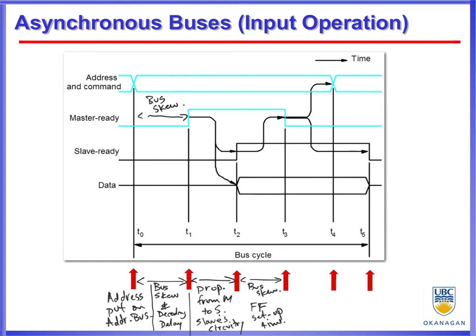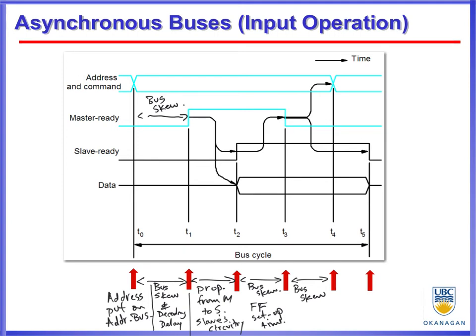Okay, so again, a cause and effect. So we've got a little bit of delay here as well. T4 and T3, right? Again, bus skew, because it takes different amounts of time for these signals to travel down different paths from one source to multiple destinations. And this is very important because we don't want the master changing its address information on the address bus before this has gone down to a low.